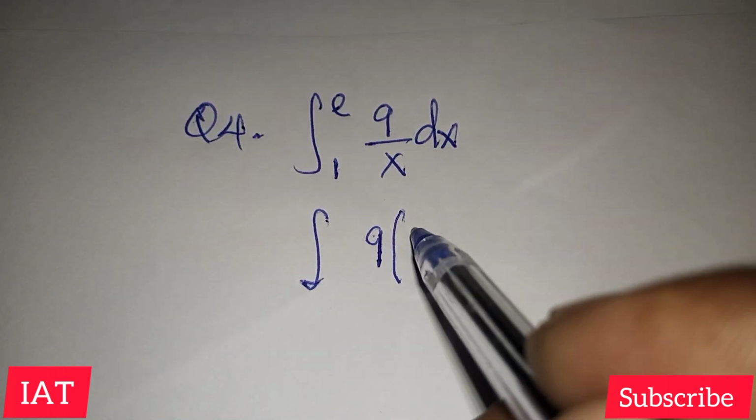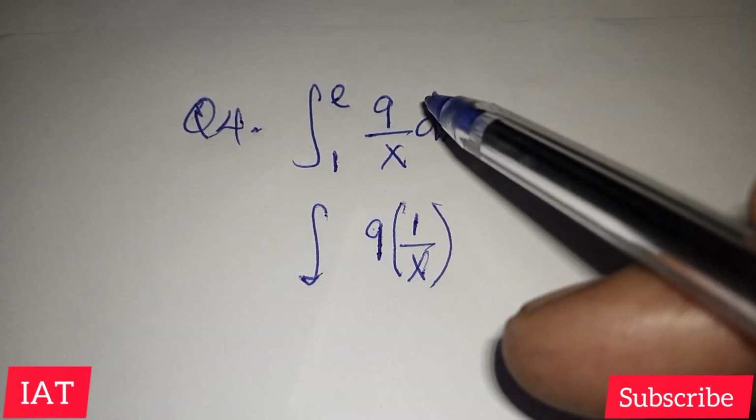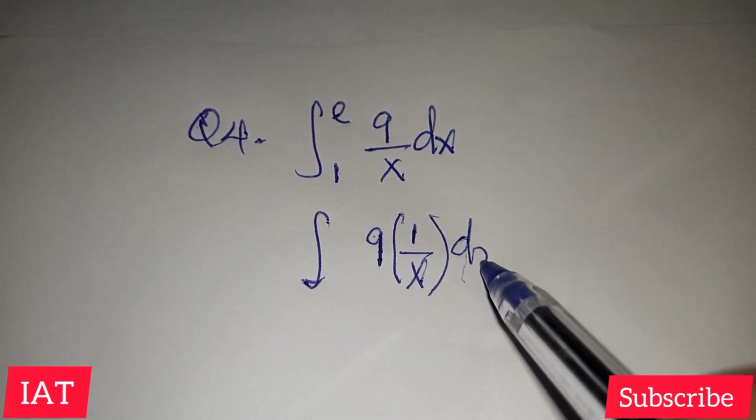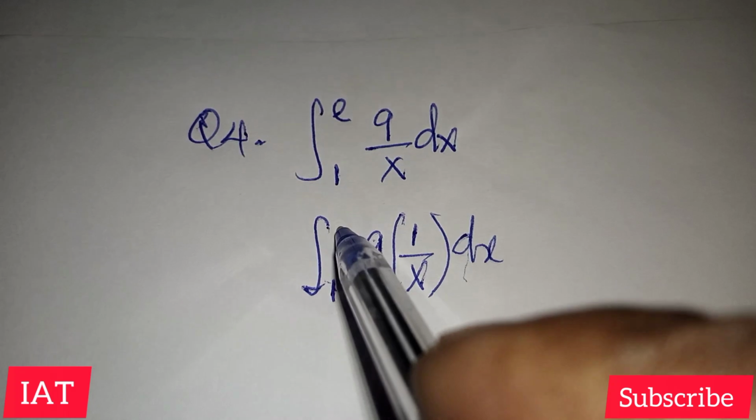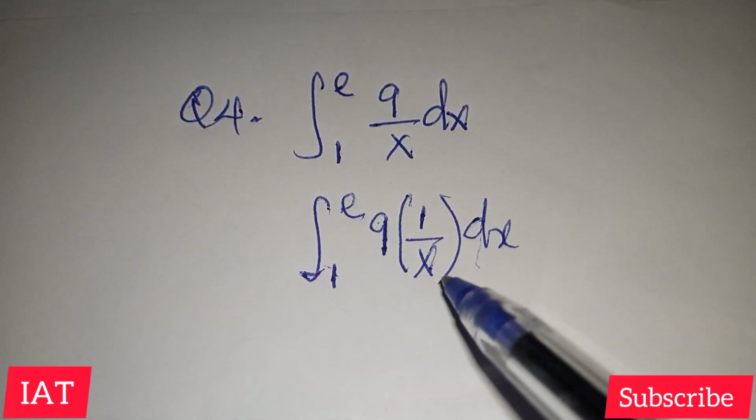If this multiplies 1 over x, of course we're having this same expression, 9 over x, from 1 to e. 9 multiplied by 1 is the same thing as 9 over x.